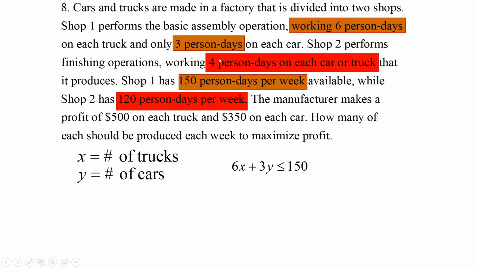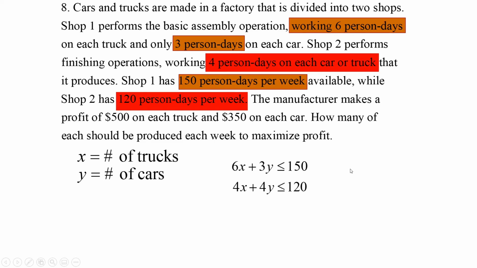So I can use this lighter red highlight to come up with my second constraint right here. 4 person days on each car or truck, well, wouldn't that just be 4x plus 4y? And then it has 120 person days per week available, so that's less than or equal to 120.